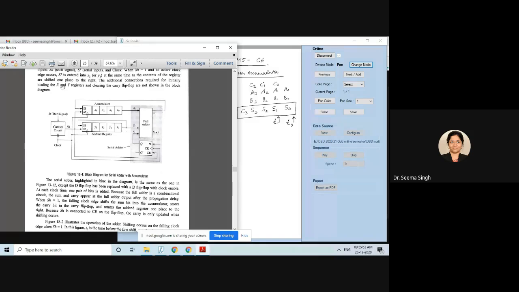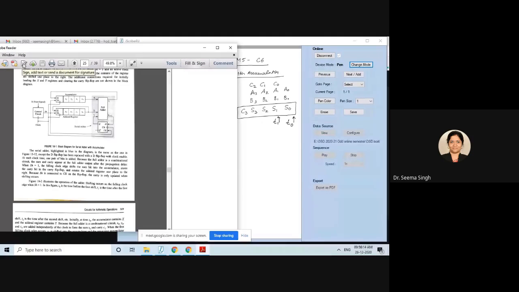Now what will happen? Before you put your serial input data, your shifting will also happen. So shifting will make it so that here you had your S0 and now here you will get your S1, right? So what will happen now?